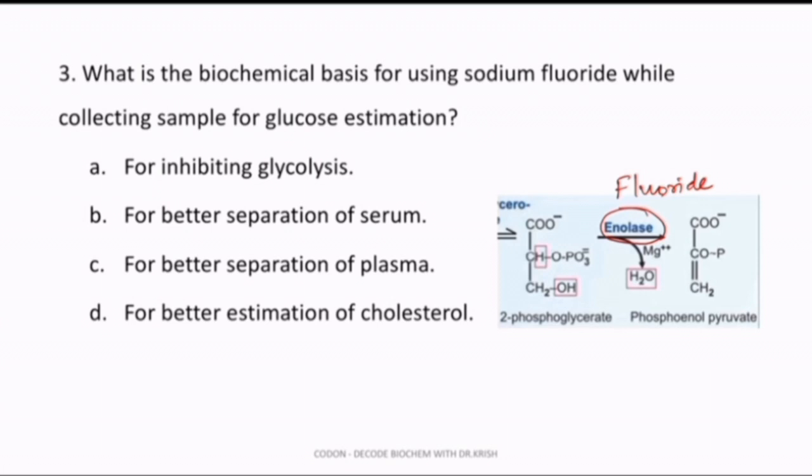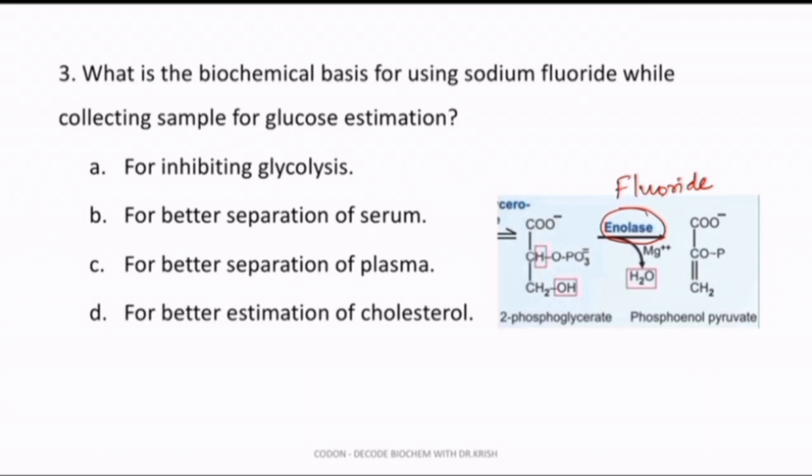So all the glucose units get broken down by glycolysis, and pyruvate and lactate will be formed. So what happens when you process the same blood sample after 3 to 4 hours? If you don't add any preservative, the glucose content which was present in the blood would have undergone glycolysis, and now if you process the same blood sample, the value will be lesser than the normal value.